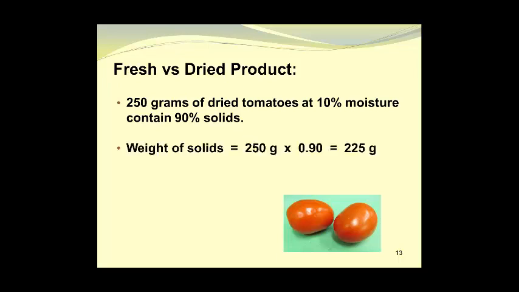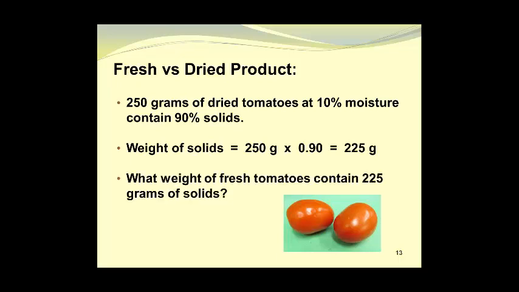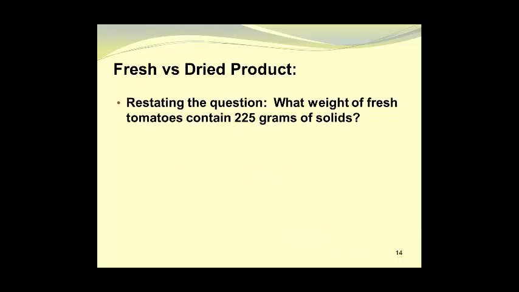The weight of solids will be 225 grams. What weight of fresh tomatoes contain 225 grams of solids?